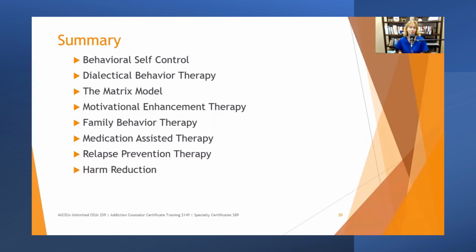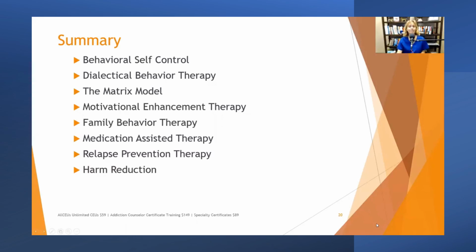coping skills. Motivational enhancement therapy is your 3 to 5 session therapy that basically focuses on one issue and says, how can we help you achieve your goal to address this issue? It doesn't look at a bunch of the other stuff that may be going on. And the therapist provides a lot of coaching and encouragement in motivational enhancement therapy.